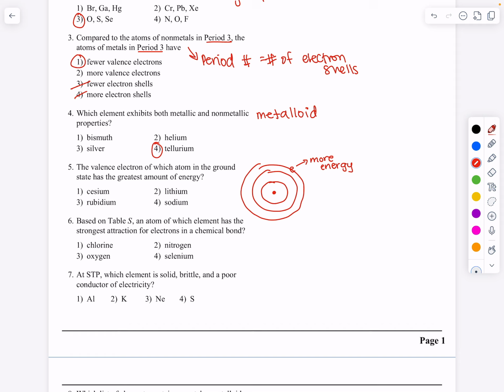They need more energy to escape that pull to the nucleus, right? The electrons that are down here have low energy because they're feeling the effects of the nucleus more. So which atom in the ground state has the greatest amount of energy? It's going to be the one with the most electron shells.